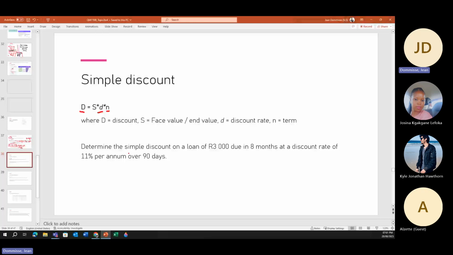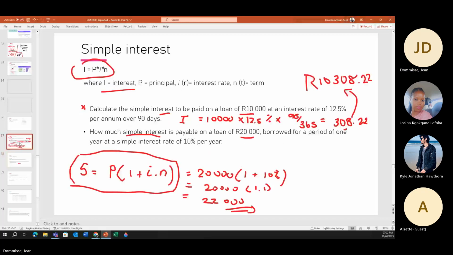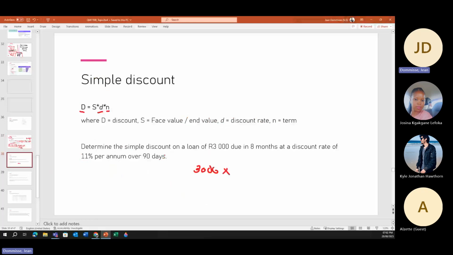Okay, so determine the simple discount on a loan of 3,000 due in 8 months, at a discount rate of 11% over 90 days. Okay, so wait, I think this should not be here.